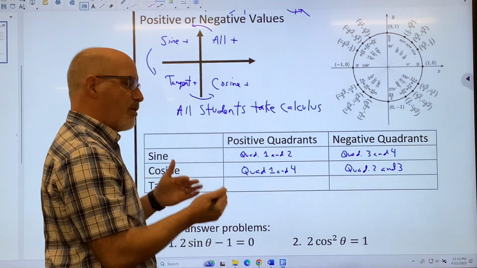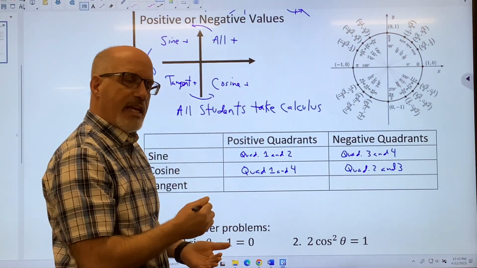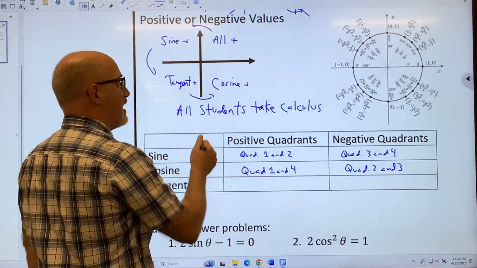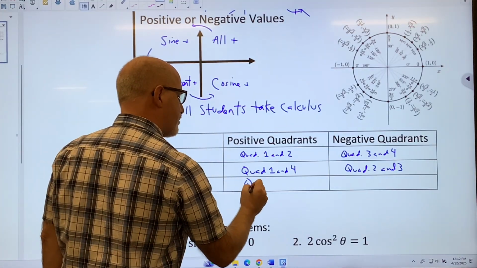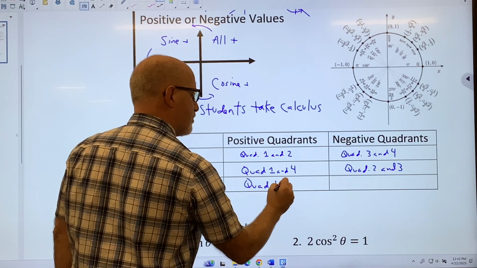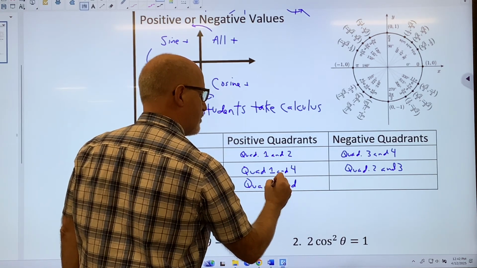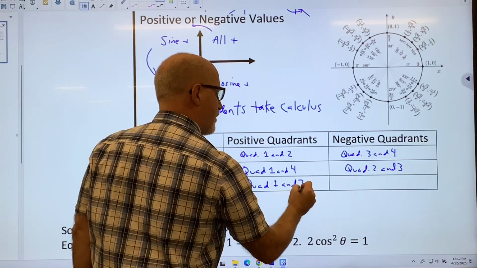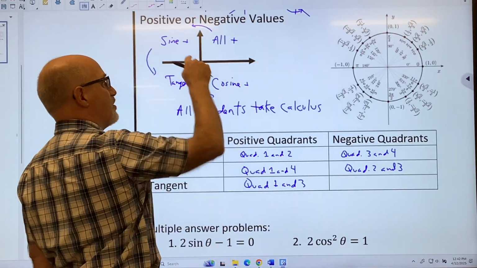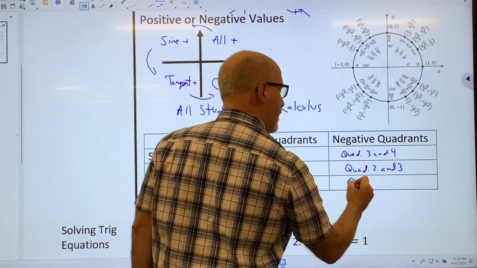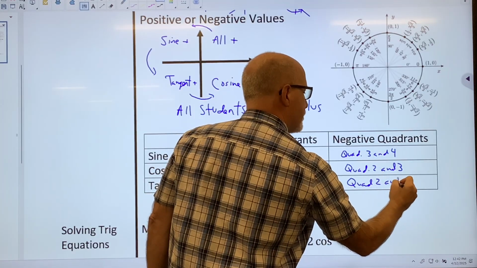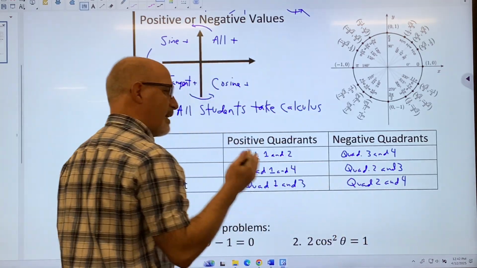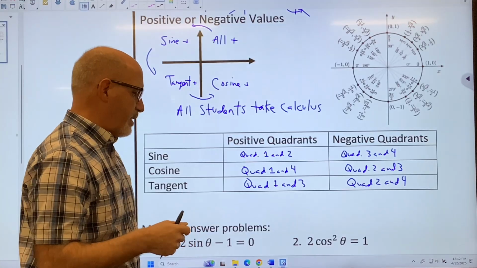And then lastly, when you put y over x to get tangent, that's going to result in tangent being positive in this quadrant first and then third. And it's going to be negative then in 2 and 4. This will help us when we get our multiple answers for this.